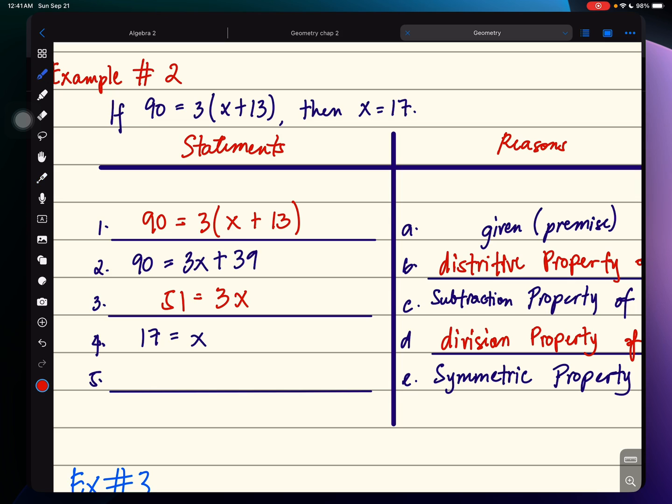Now, for the symmetric property, what I said, you have to interchange both sides, or mirroring. So simply, this will become x equals 17. And then for the last statement, you're going to look again if it proves your conclusion, which is proved.